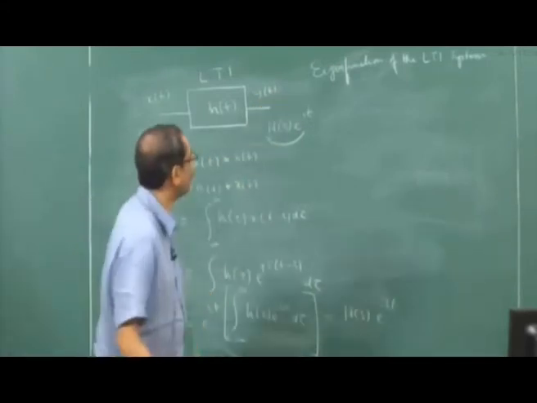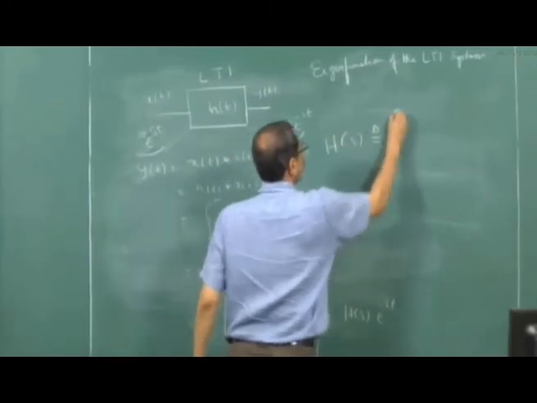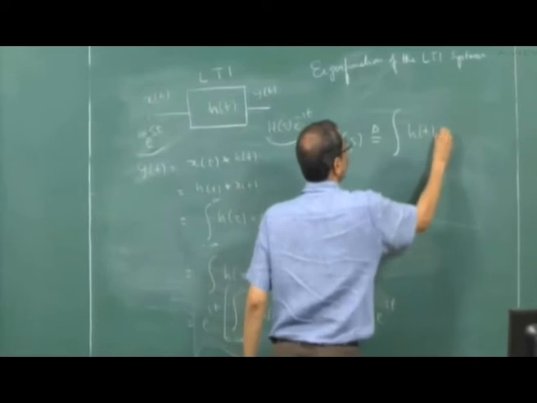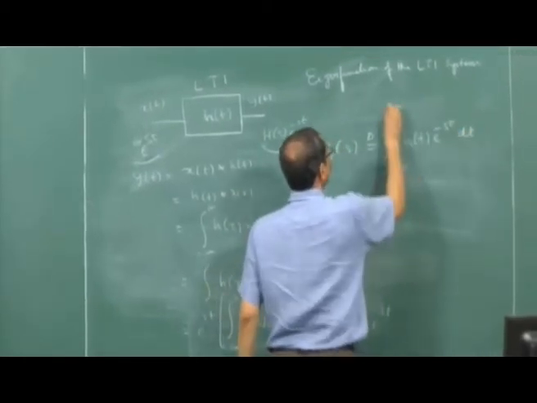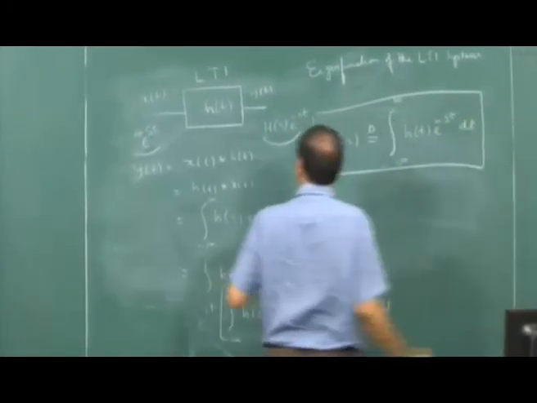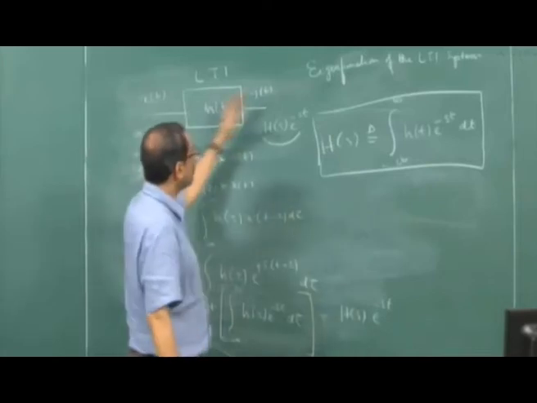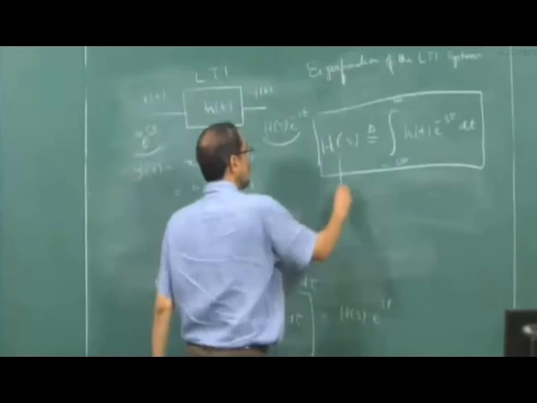So let me write that here. H(s) is defined as the integral of h(t) e raised to minus st dt, from minus to plus infinity. This is the definition, and because it is transferring an input to the output, it is called a transfer function. H(s) is called a transfer function.